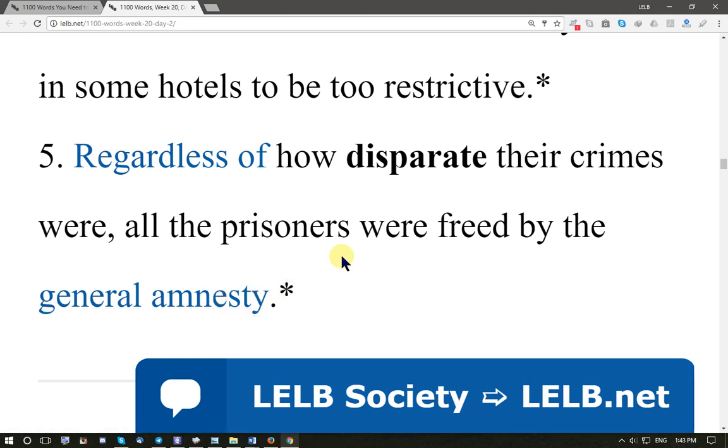Amnesty refers to total freeing of others, meaning giving freedom, complete freedom.